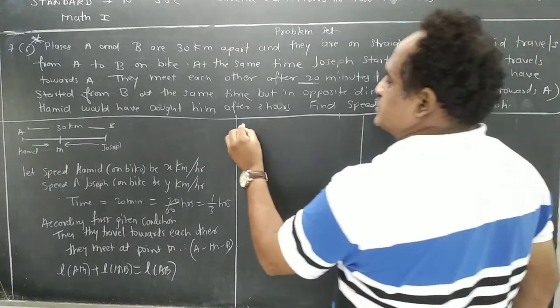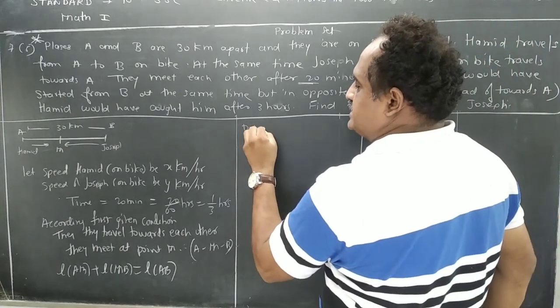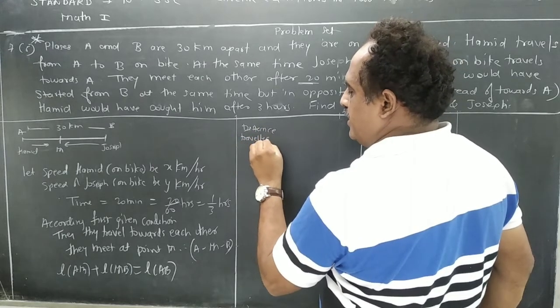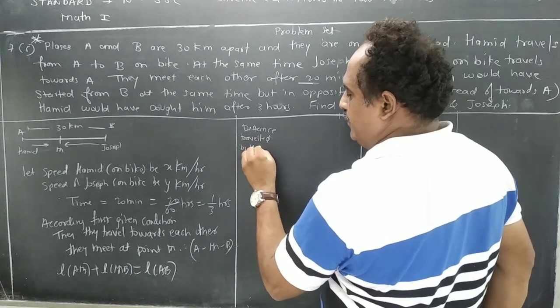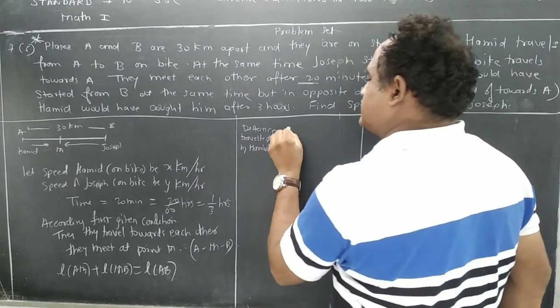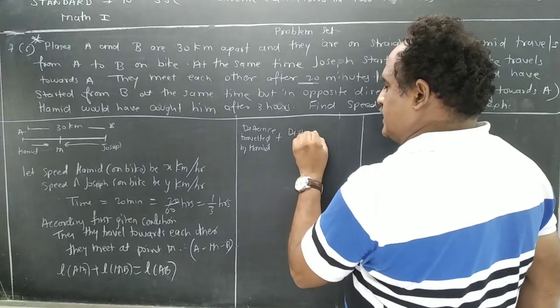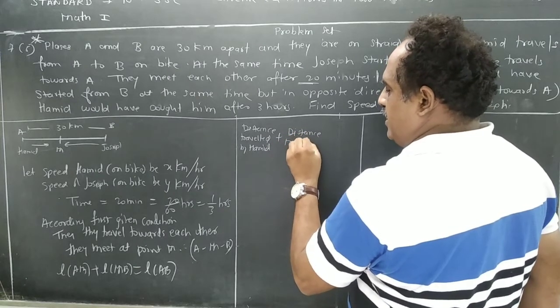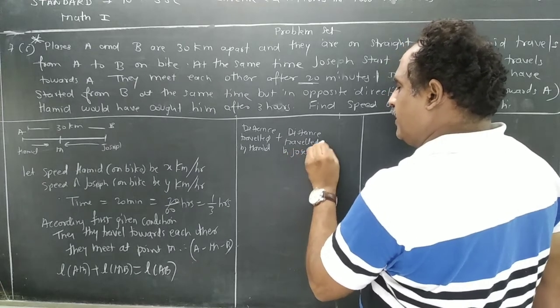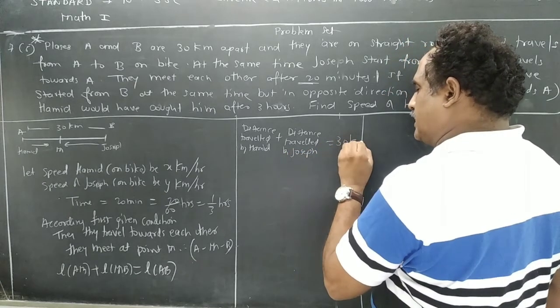So distance traveled by Hamid plus distance traveled by Joseph is equal to 30 kilometers.